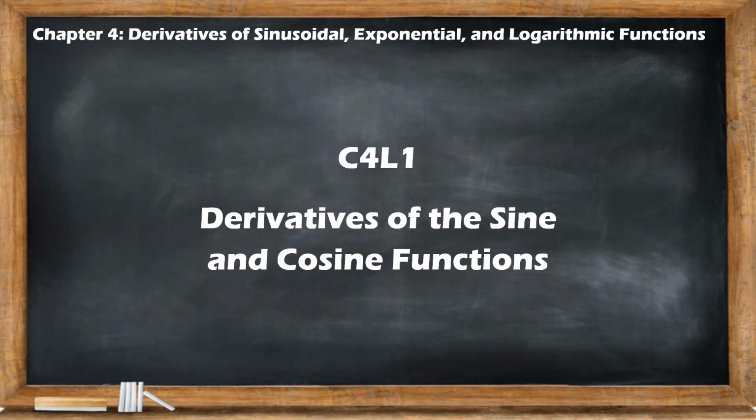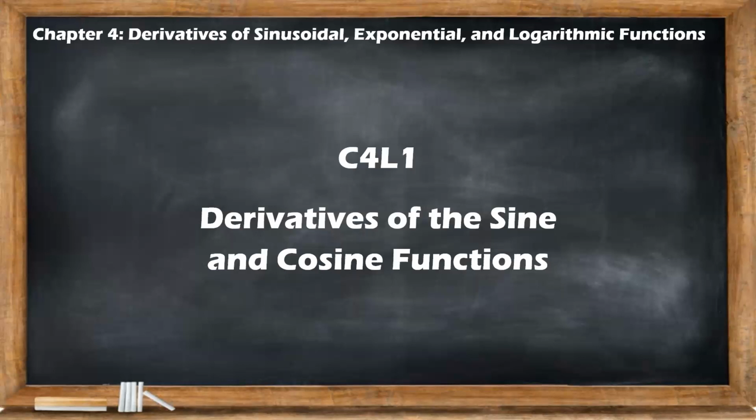Today we're going to have a look at the first lesson of chapter 4, the derivatives of sine and cosine functions. Remember that in our previous lessons, we talked about the differentiation rules, such as the sum and difference rules and product and quotient rules, as well as the chain rule and implicit differentiation method, right? And also we talked about the derivatives of some elementary functions, for example, the power function and the polynomial functions, right?